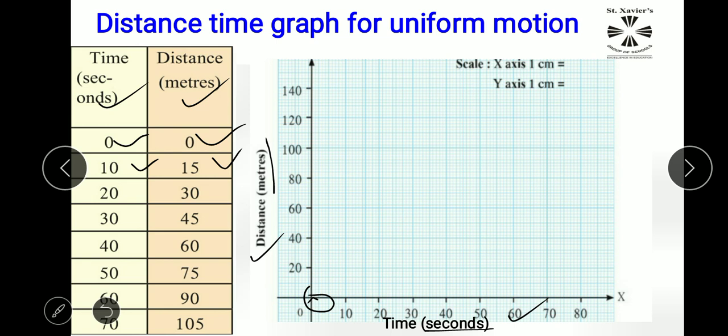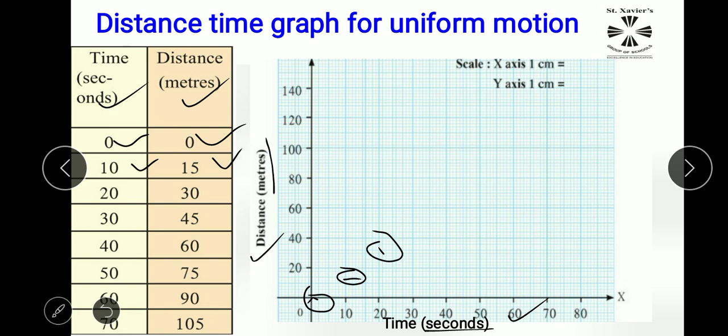Students, 15 should be between 10 and 20, so I'll take 15 in between 10 and 20, and our point will become 10 and 15. Next is 20 and 30. So I'll just mark the point 20 and 30.